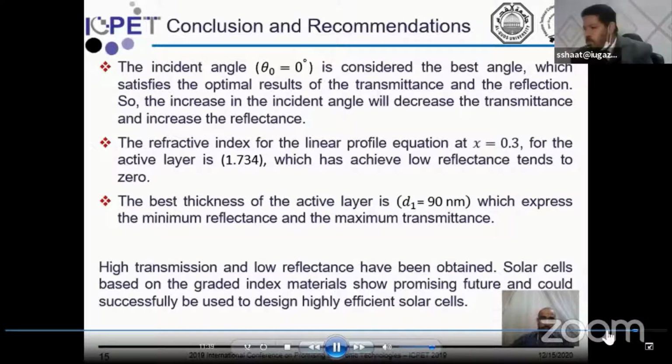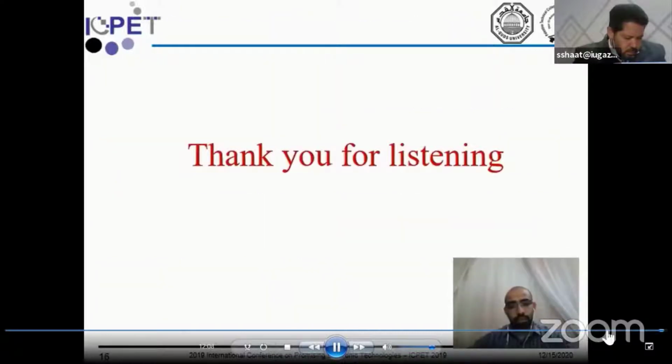The best thickness of the active layer is 19 nanometer, which expresses the minimum reflectance and maximum transmittance. High transmission and low reflectance have been obtained. Solar cells based on graded index materials show a promising future and can successfully be used to design high efficiency solar cells. Thank you for listening.